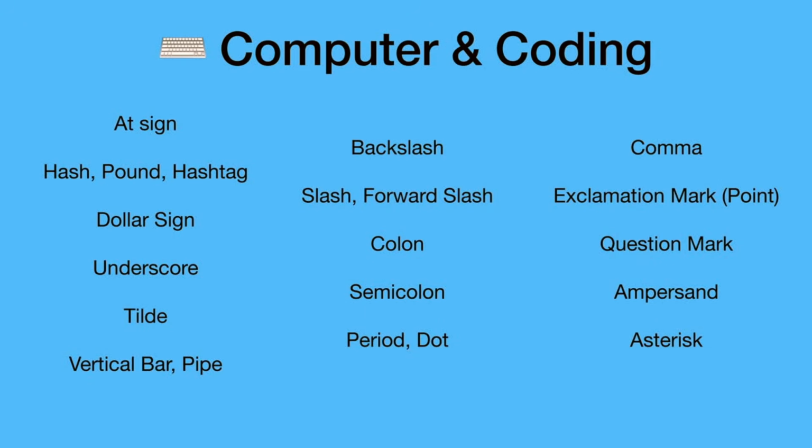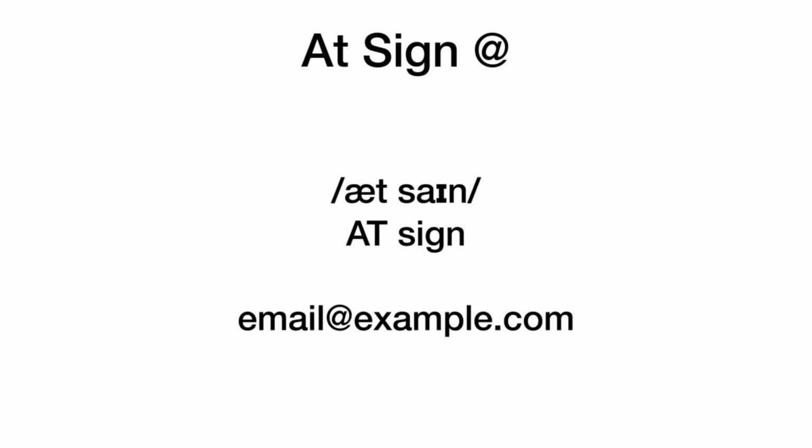The @ sign, the hash, pound or hashtag, dollar sign, underscore, tilde, vertical bar or pipe, backslash, slash and forward slash, colon, semicolon, period or dot, comma, exclamation mark or exclamation point, question mark, ampersand, asterisk.